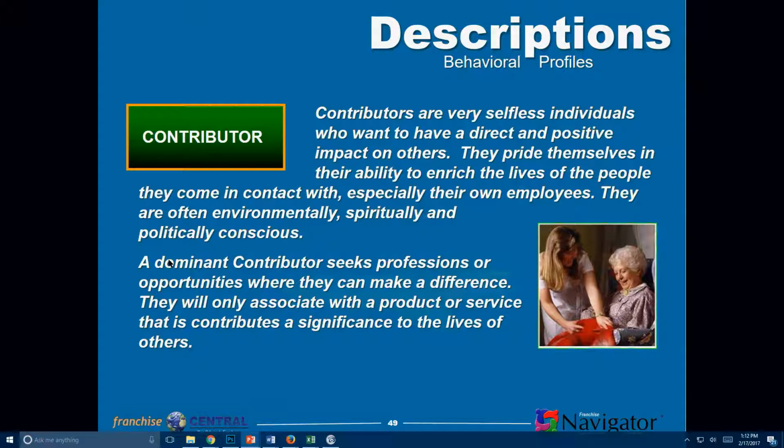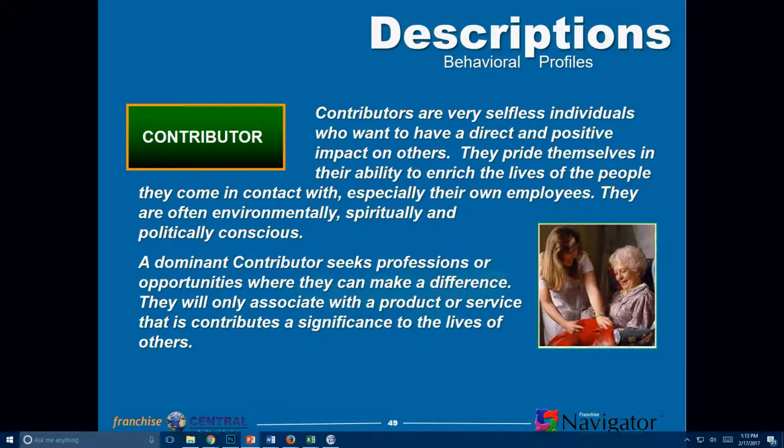The other thing you're probably not going to see is a dominant contributor, because generally they don't look at self-employment. They'll tend to look at, as I mentioned earlier in the last presentation, sciences, social sciences, medical sciences, anything where they can make a difference.